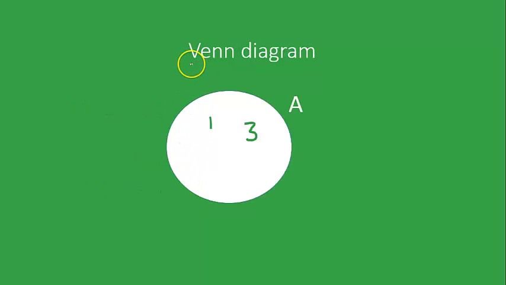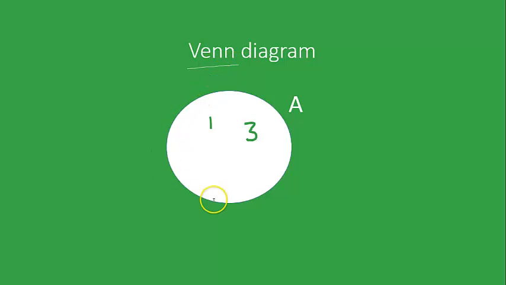Now I introduce to you the most fundamental and frequently used concept in set theory for explaining and understanding the different concepts: the Venn diagram.